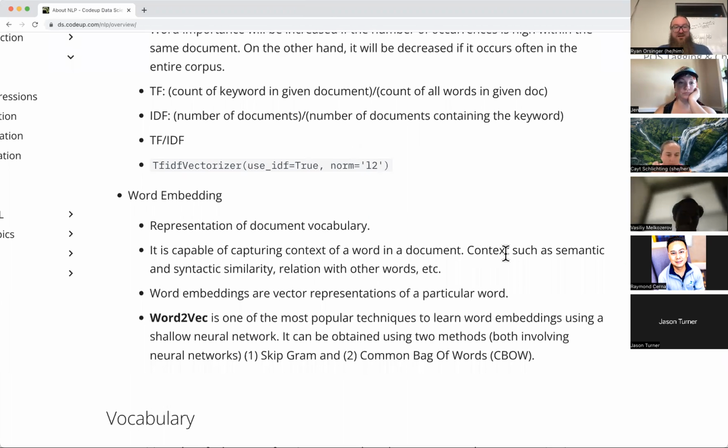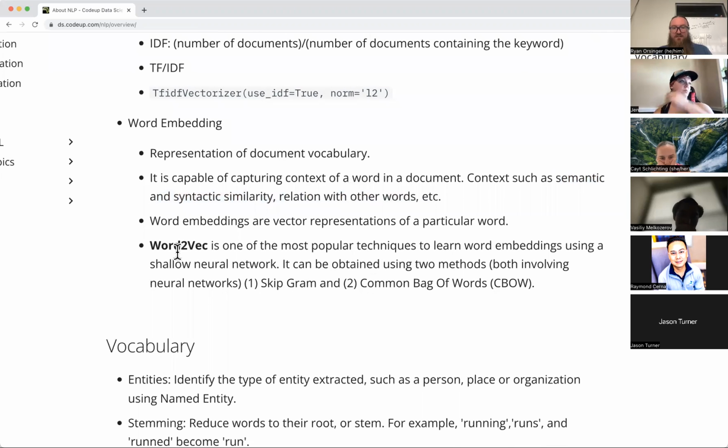So word embedding is another way of representing a document vocabulary that gives you opportunity for semantic or syntactic similarity detection, relation between other words. One of the more common tools for this is a library called Word2Vec, Word2Vector. And we can do bag of words with that, or skipgrams.